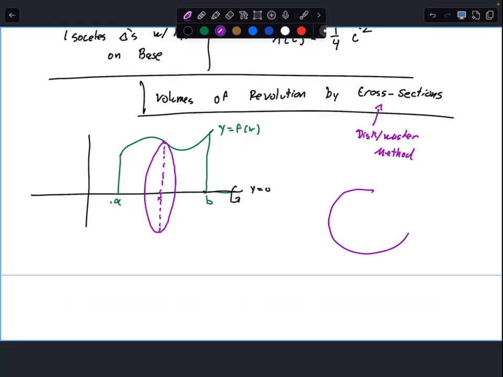But all of the cross sections will always be a circle where the radius will always equal the chord. And in this scenario, the chord is not the diameter like the previous one, but the chord is actually the radius. Okay. And we know that the area is equal to pi r squared, so the area is technically equal to pi c squared.